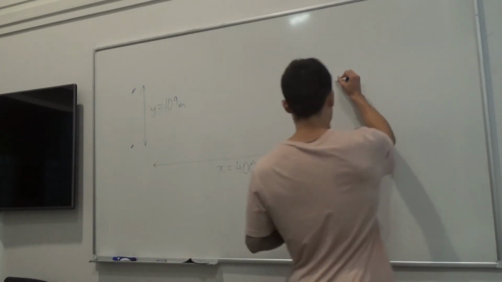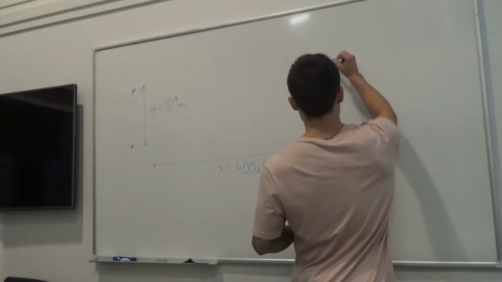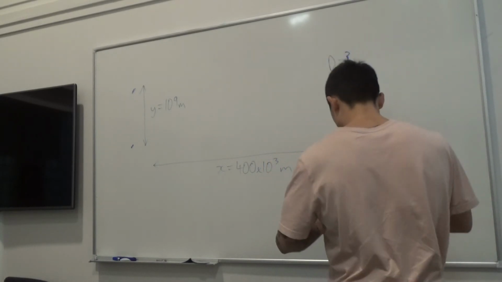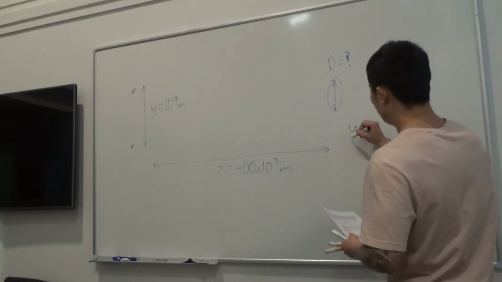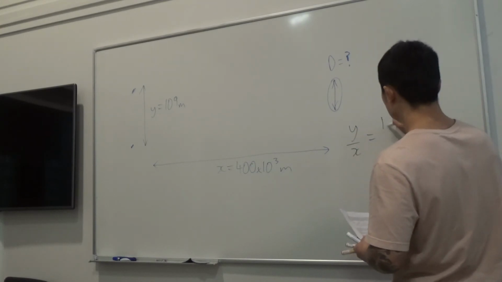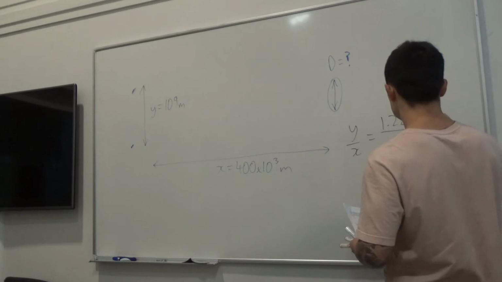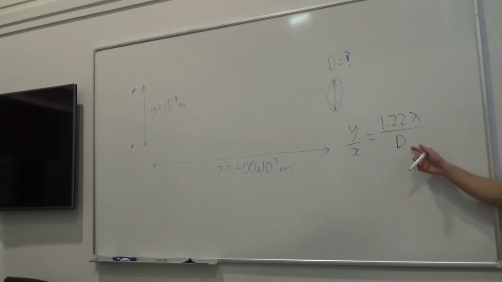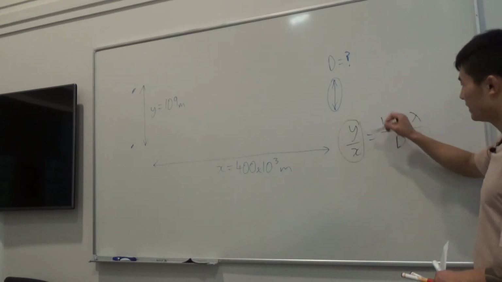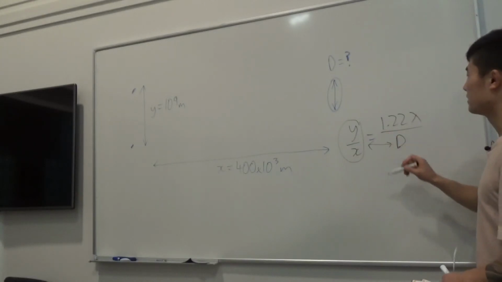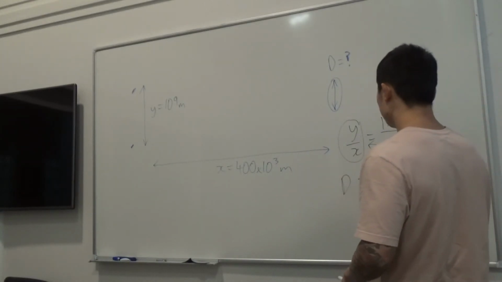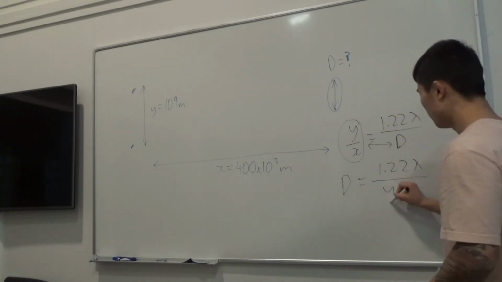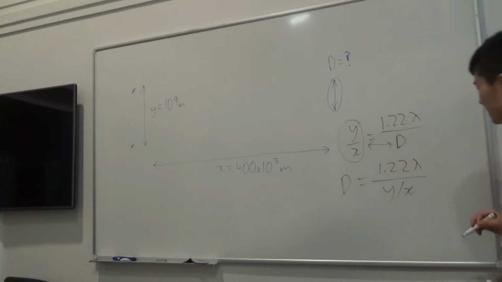You want to find what this diameter has to be. So y over x is equal to 1.22 times the wavelength over d. You can just swap these around, so d is equal to 1.22 times the wavelength over y divided by x.